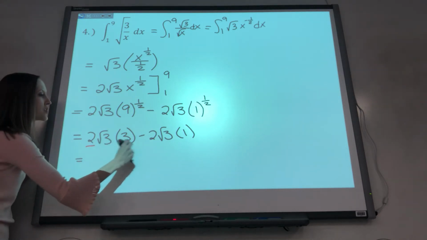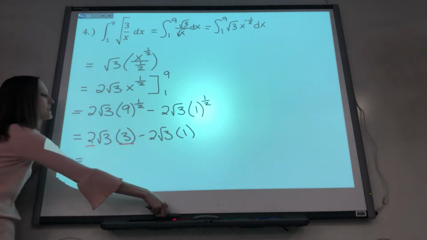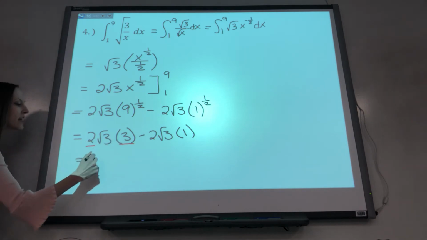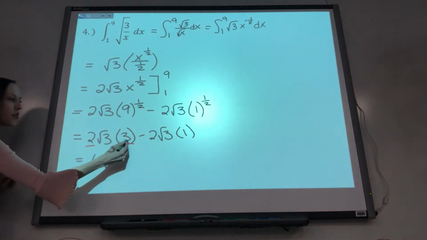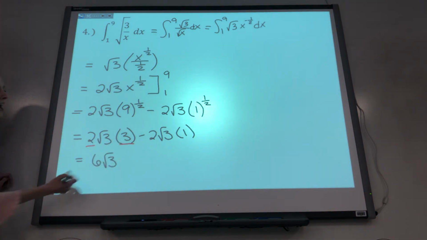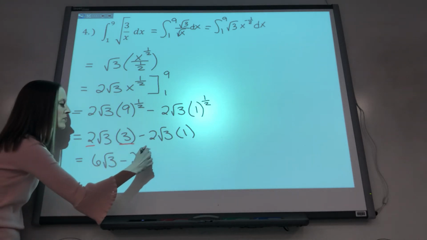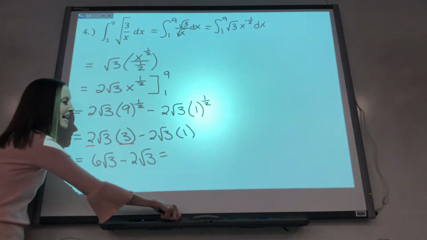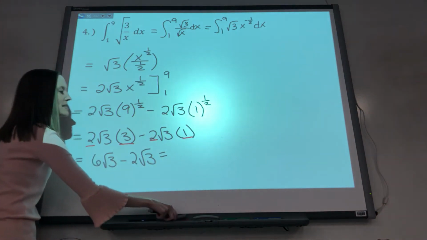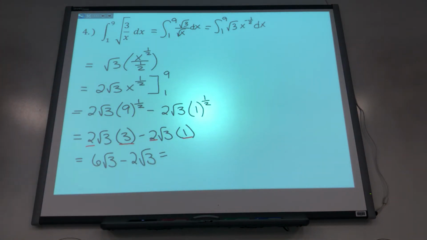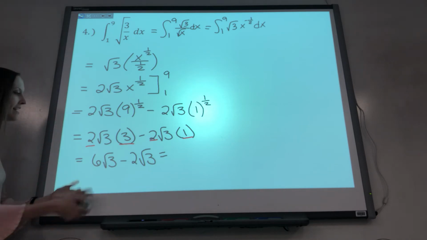So I'm actually going to try to leave this as exact as possible. You can take the 2 times the 3 right there, and make that 6 radical 3 minus, technically I'm taking the 2 times the 1 there, that would be 2 radical 3.